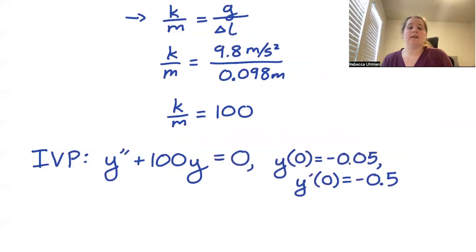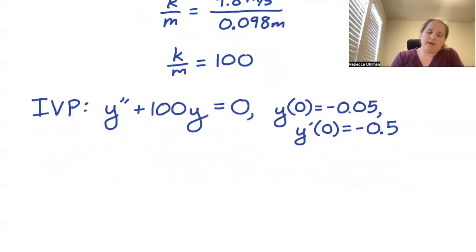So if we're in an undamped free system, it actually doesn't matter what the mass is, other than that the mass will determine how long our equilibrium stretch is. But as long as we're already told our equilibrium stretch, we do not need to actually know the mass of our object to create or solve the IVP. So from here, we'll go ahead and solve the IVP.